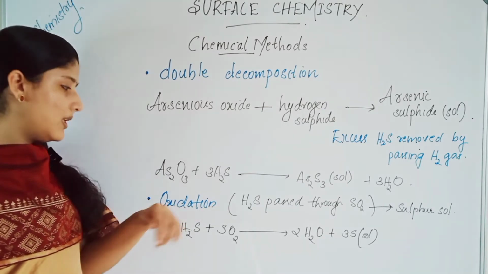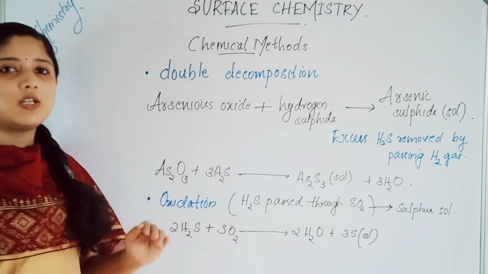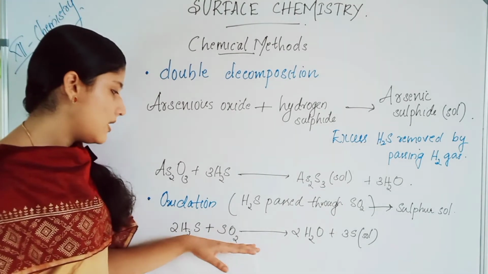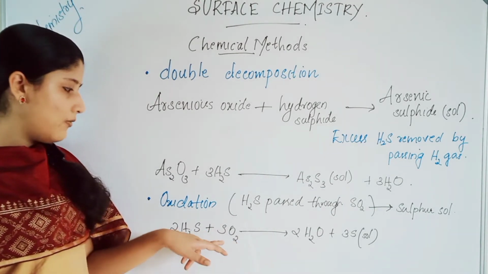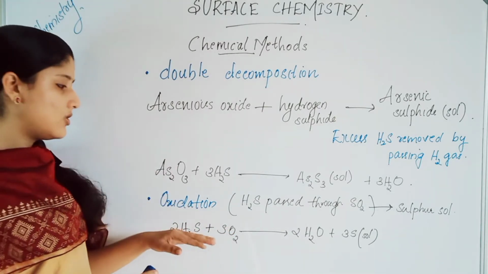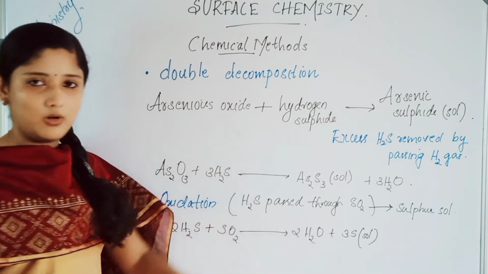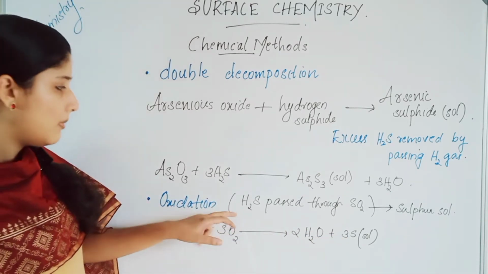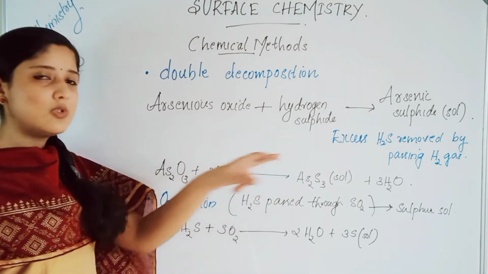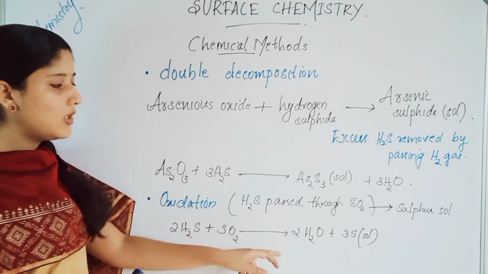So the next method is oxidation. By the chemical reaction of oxidation we can prepare the colloidal solution. Look here, 2H2S plus SO2. By passing hydrogen sulfide gas through sulfur dioxide we can prepare sulfur sol. 2H2S plus SO2 will give you 2H2O plus 3S.